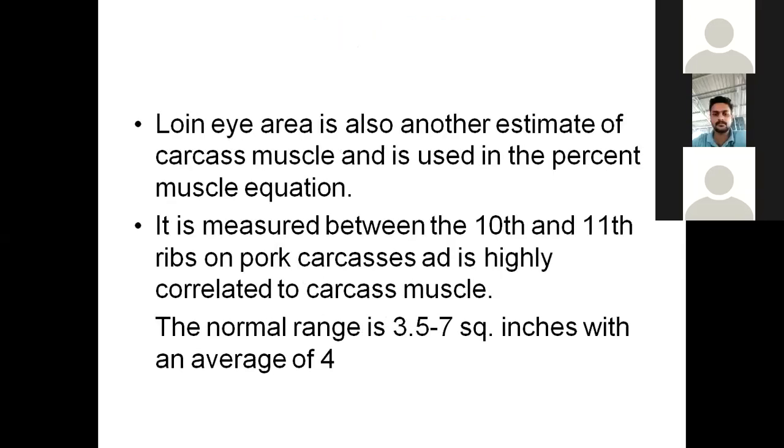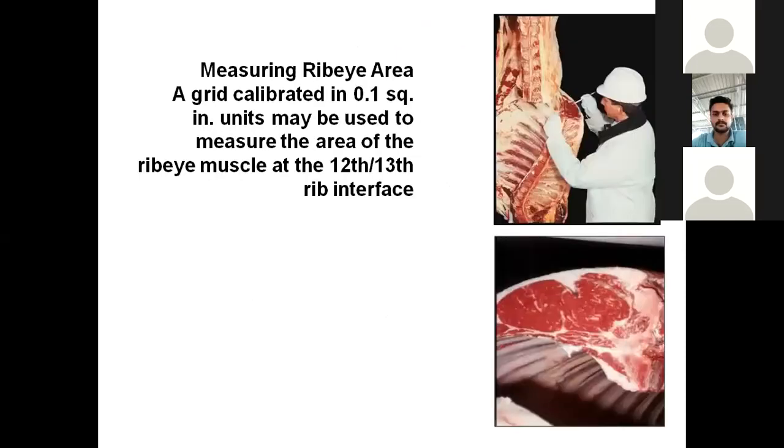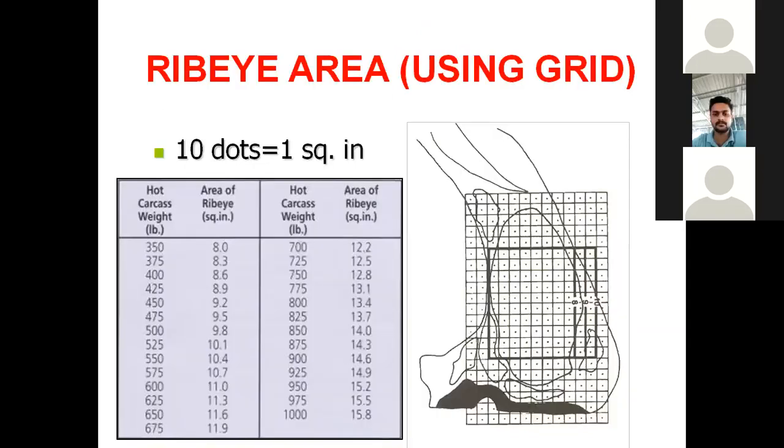Next, the loin eye area is another estimate, as we already talked about. The normal range of the loin eye area is around 3.5 to 7 square inches. As we measured in the case of cattle, the same way we have to measure it. You have to use the grid and measure the loin eye area. You can correlate it with the weight of the animals, the same as in cattle.